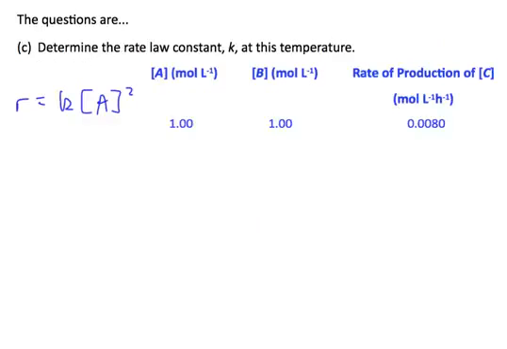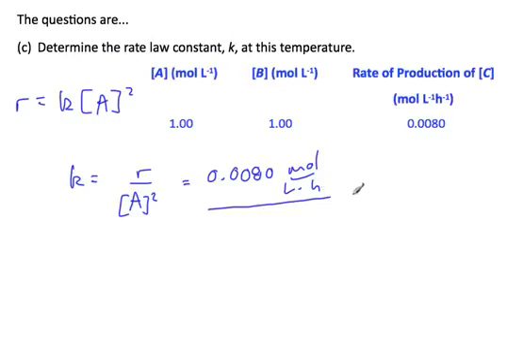All right, determine the rate law constant K for this reaction at this temperature. Again, all we need is one set of data and our rate law expression. So here we have it, and so we're going to rearrange that equation like we did in the previous example. So K equals rate divided by the concentration of A squared. So our rate is 0.0080 moles per liter hour.